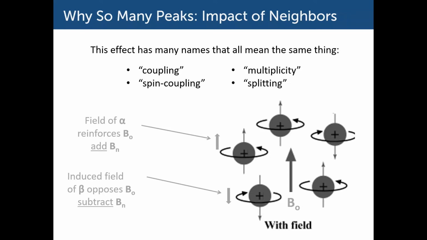So 4 terms you should be familiar with: coupling, spin coupling, multiplicity, and splitting. They all mean the exact same thing. This concept of taking a signal that's localized on the basis of electron density and then hacking it up into fine collections of lines, which are arising from the influence of neighboring atoms.